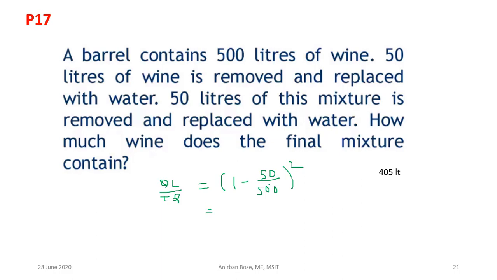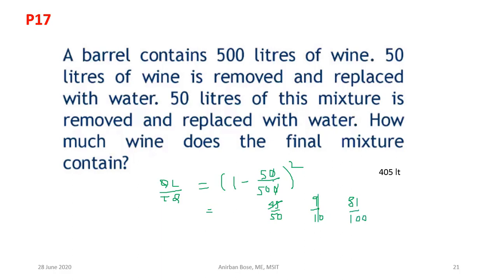So you are getting 45 by 50 whole square. 45 by 50 is basically 9 by 10 whole square, which means 81 by 100.